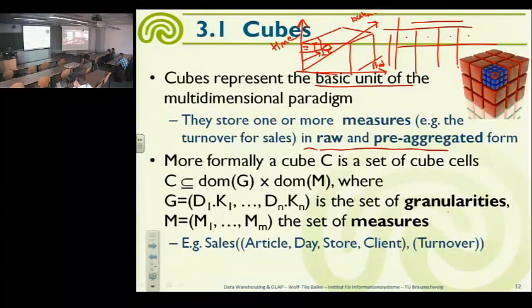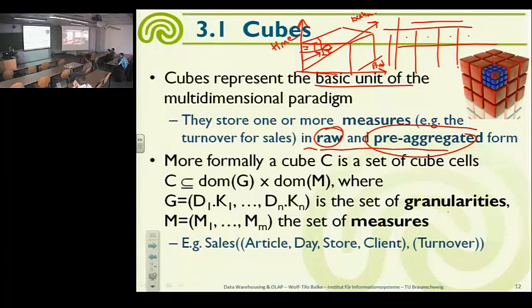So basically, the cell then holds raw data and pre-aggregated forms. So you're holding the data that you've already gotten from the operational system, from the ETL process. And you'll see in the next slide that you have the basic data that you got, and then because we're working in data warehousing, we always want to do these pre-aggregates.